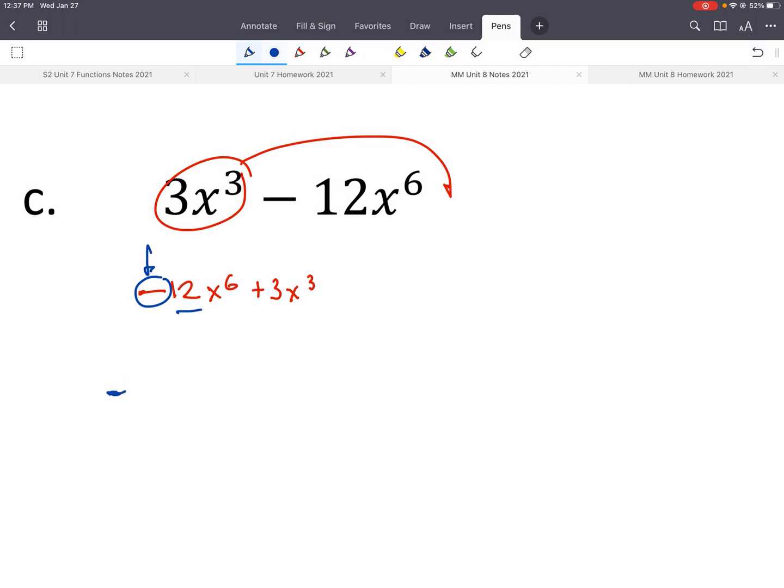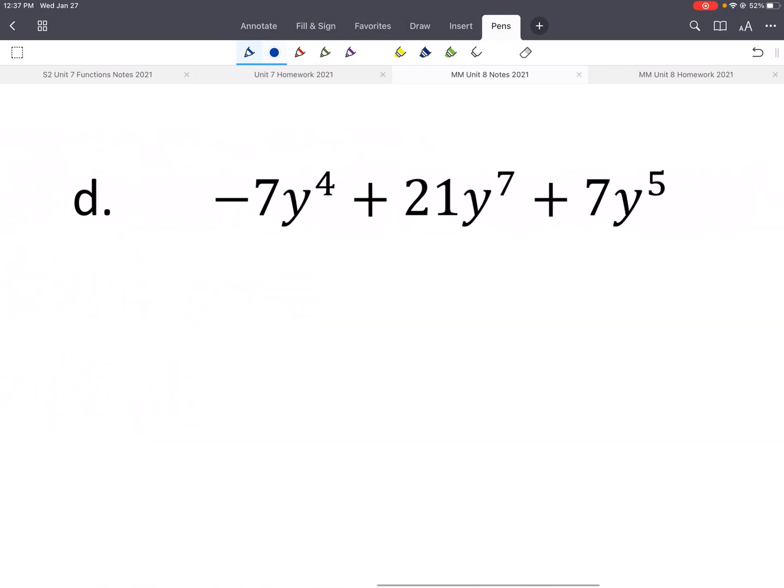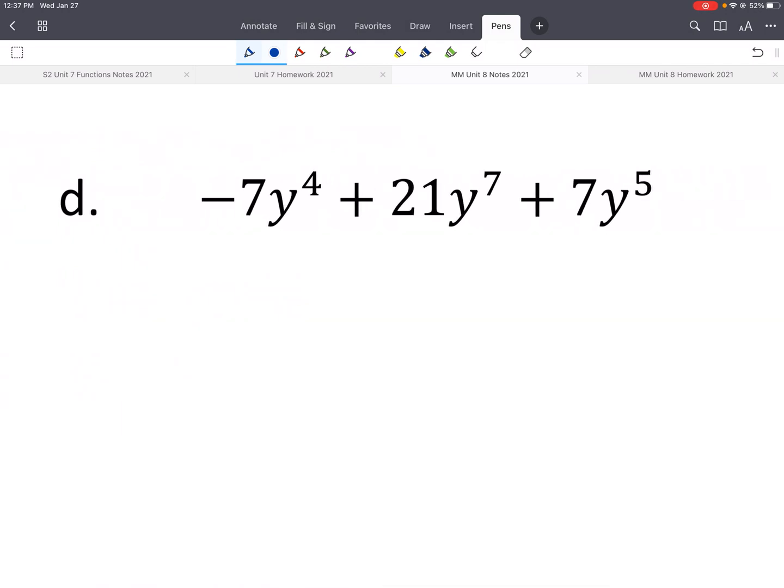We're going to take out the greatest common factor for the numbers, which was a 3. And then the smallest exponent here was x to the 3rd. So we can take 3 x's from here, and we have 3 x's that we could take from there. And then this last one, again, is not in standard form, so we would need to move this over here.